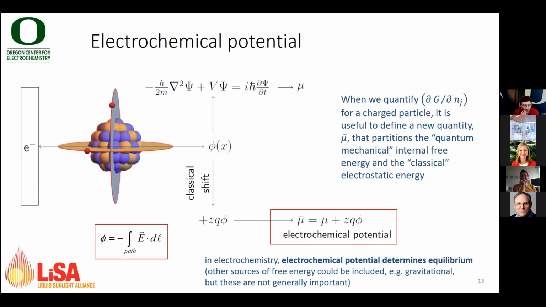Electrochemical potential. This is a commonly misunderstood concept because it's actually kind of confusing. If I think about chemical potential, this is a nice diagram my colleague Mark Lonergan put together for an electrochemistry class we teach together. What determines mu? What determines the free energy, dG/dN?